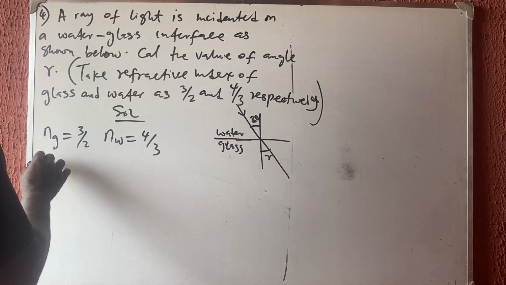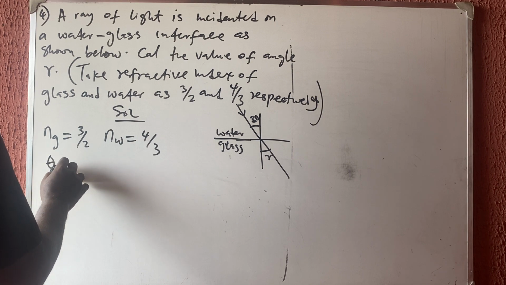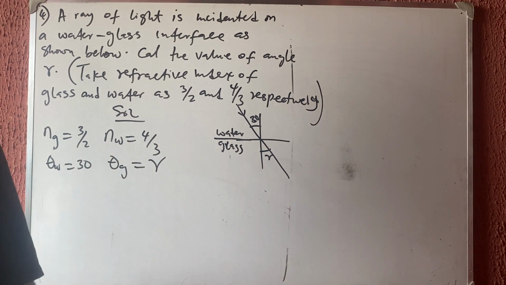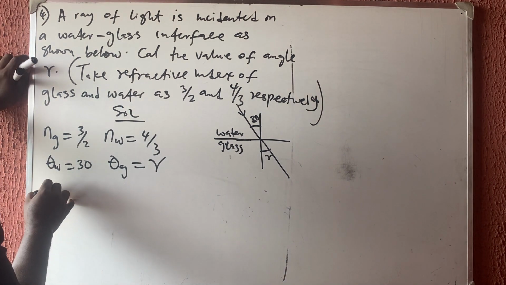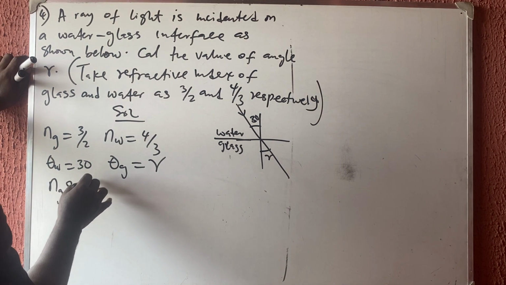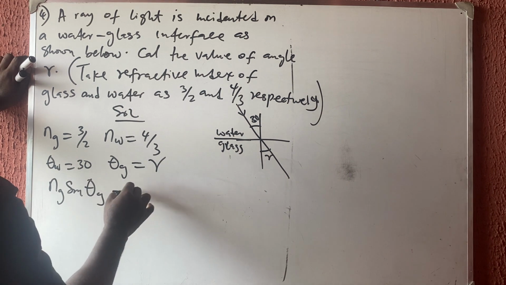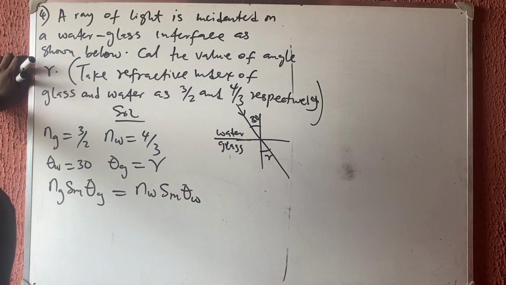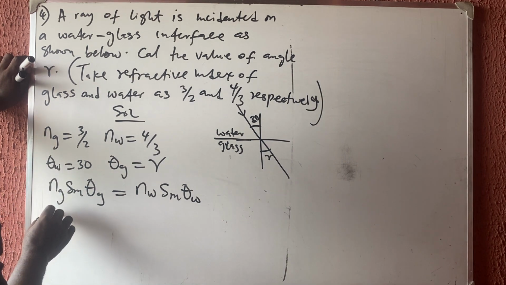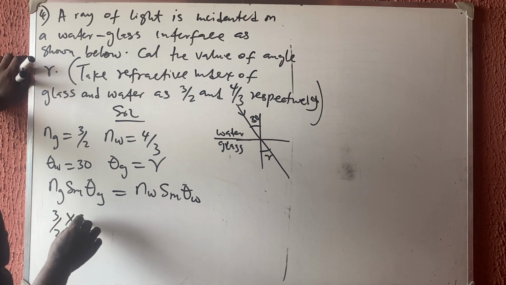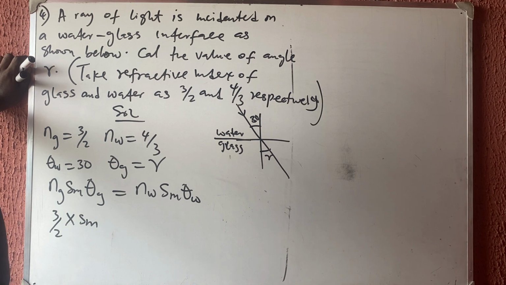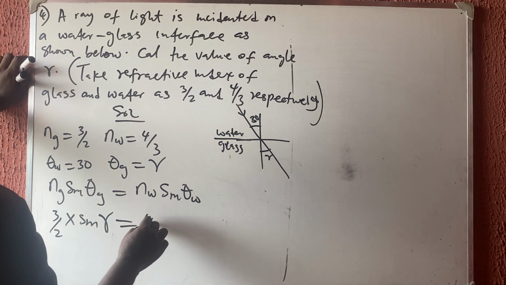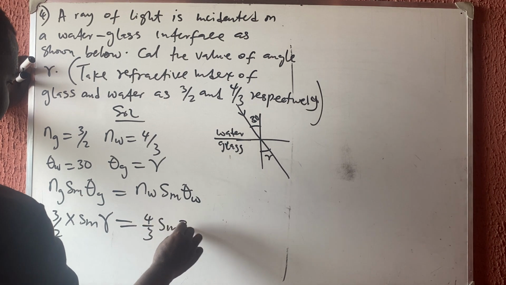Theta of water they gave us as 30, while theta of glass they gave us as R. So you should know that n of glass sine theta of that same glass is equal to n of water sine theta of that water. So if you do that, you're going to have 3 over 2 times sine R, because this is R, is equal to 4 over 3 sine 30.